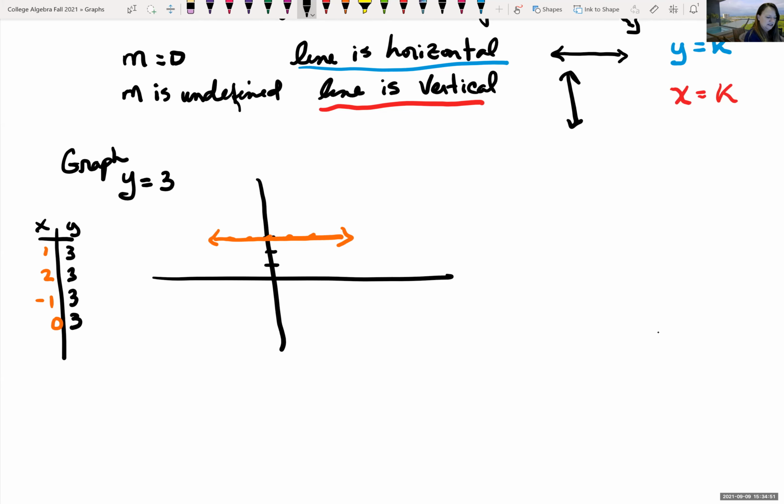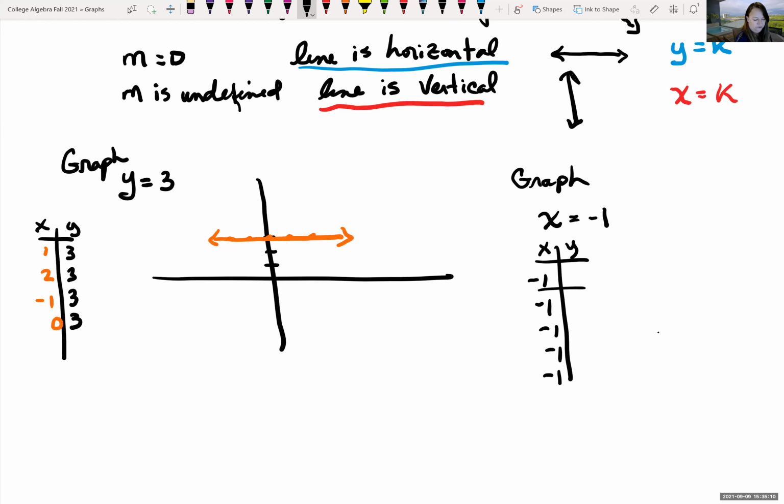Where if it had asked us to graph x equals some number, how about -1? In this case, any number we plug in, x is always -1. And so y can change, but x will never change.